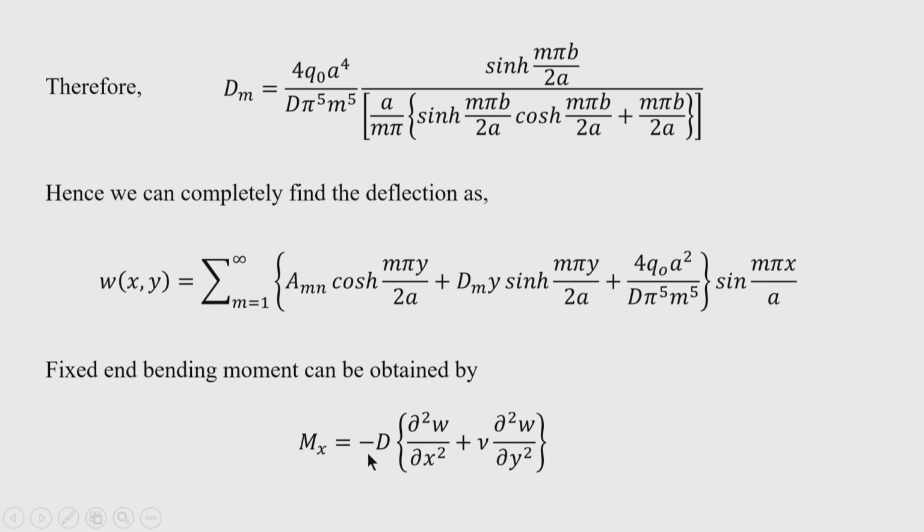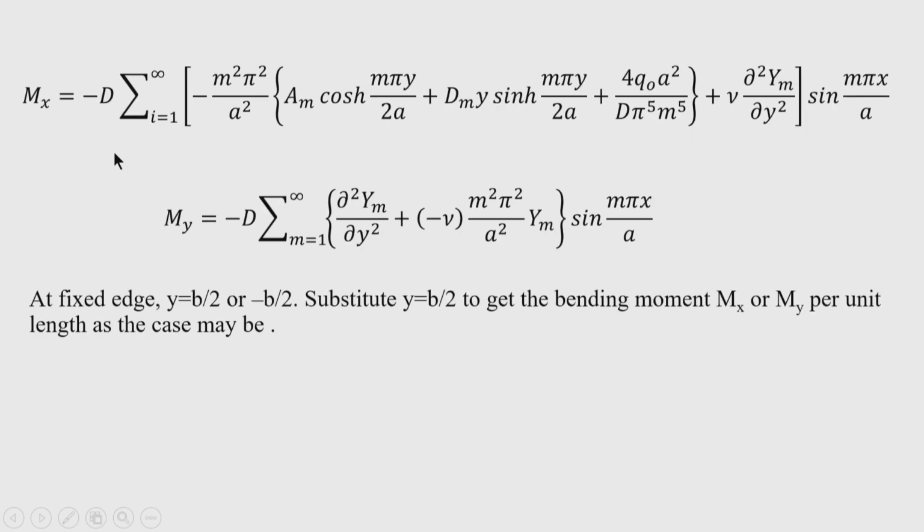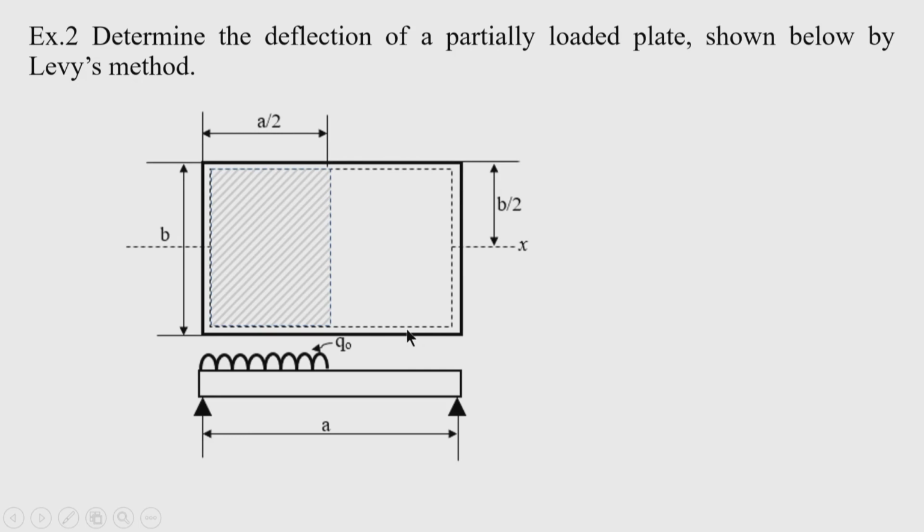So, M_x is found out. Similarly, M_y can be found out, but in the expression of M_x you can substitute all the quantities and then find the value of M_x and M_y. So, at the fixed edge y is equal to b by 2 or minus b by 2, we get the bending moment M_x and M_y per unit length as the case may be.